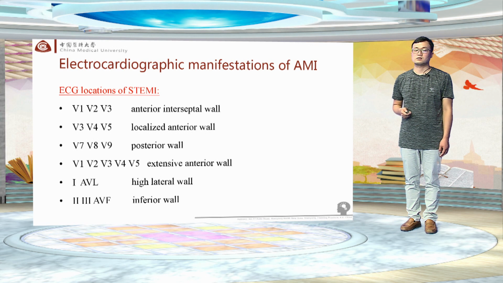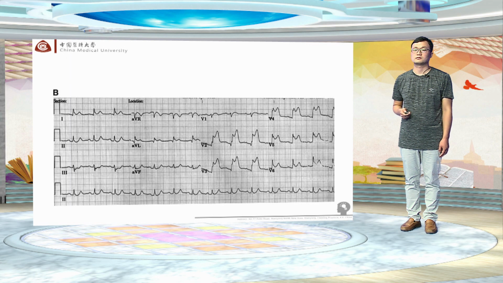For leads 2, 3, and aVF, it means inferior wall infarction. And this ECG presents the classic manifestation of extensive anterior infarction.